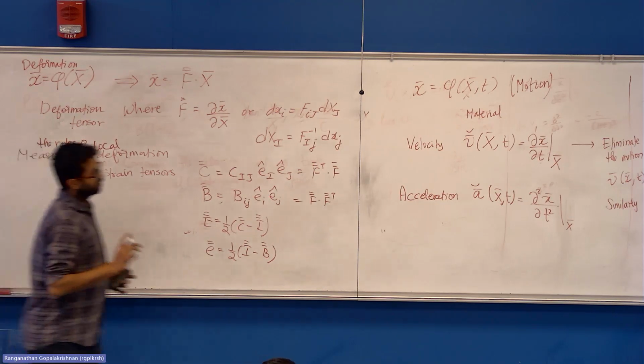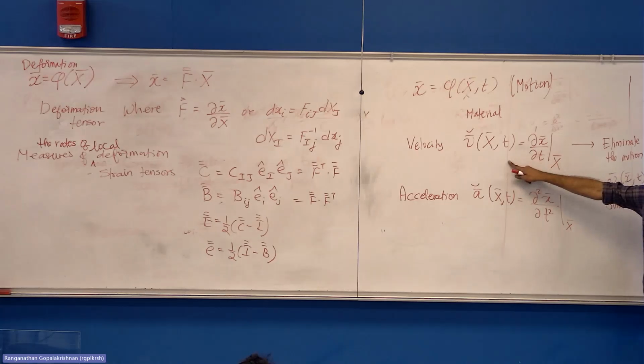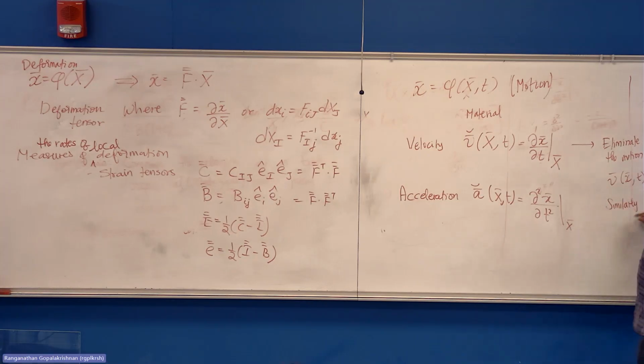So, for the sake of completeness, I'm also going to write this. We get material velocity, that's easy. And you can use the motion to get the spatial velocity just by substitution. You can get the spatial acceleration using the same approach, or you can also write a of x comma t as the partial derivative of the spatial velocity with respect to time plus the velocity gradient or strain rate tensor dot velocity.